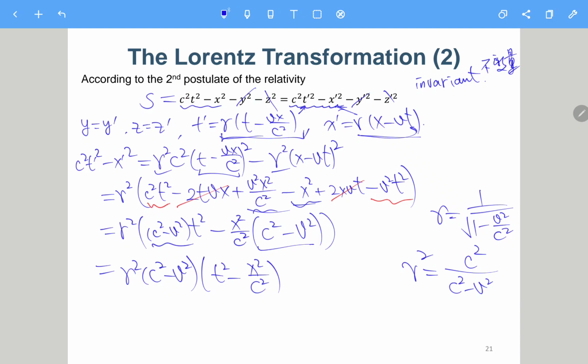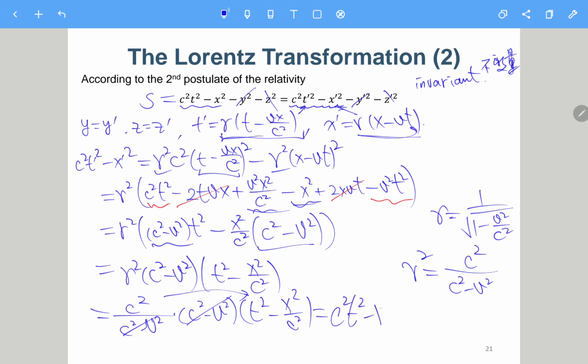So here we have c squared over c squared minus v squared multiplied by c squared minus v squared, and then t squared minus x squared over c squared. So this one and this one cancel, and then we can distribute c squared here, so it becomes c squared t squared minus x squared. Okay, so we showed the so-called invariant for this S variable.